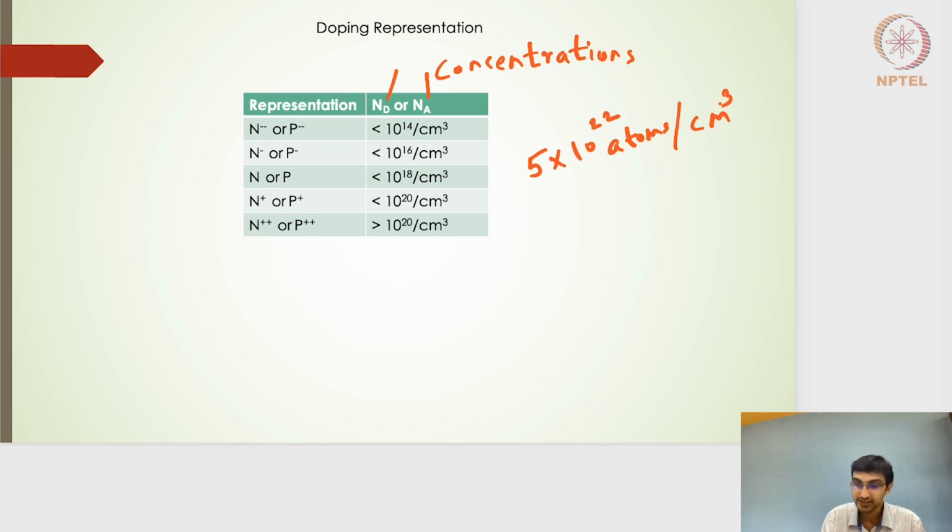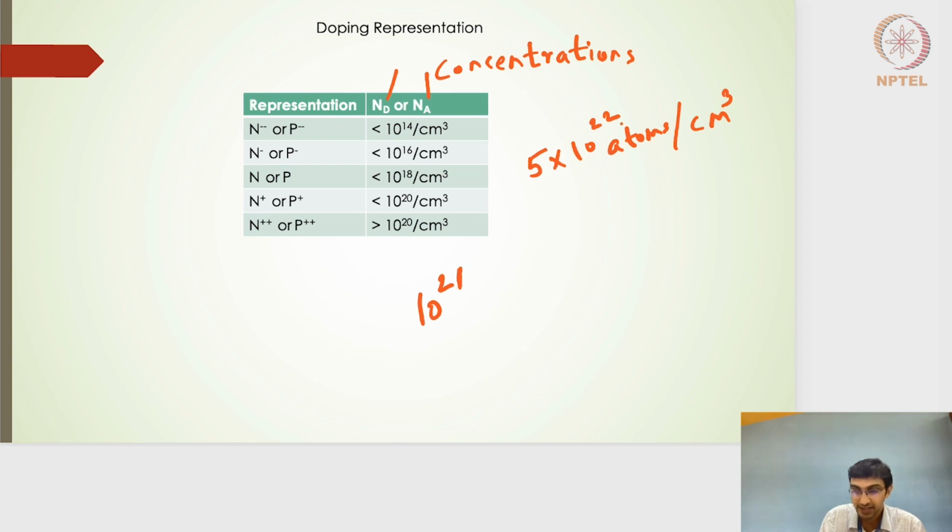The overall process is characterized in terms of how many dopants have been introduced in 1 centimeter cube of the silicon structure. That's why we have this doping representation in terms of per centimeter cube. We can introduce a maximum of 10 raised to 21.